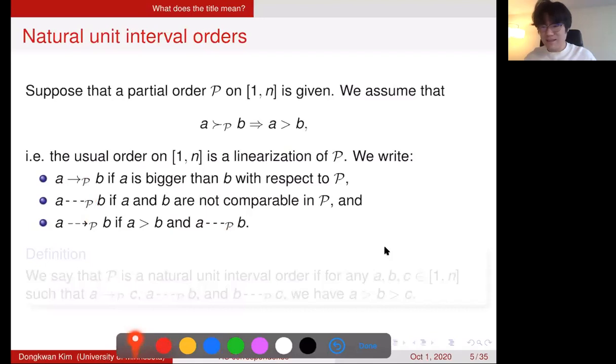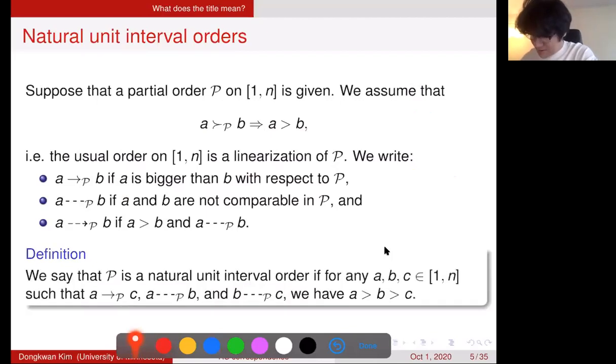We do not need another symbol, because if this is true, then A and B are comparable with respect to the usual order, and then they are comparable with respect to P. So this is just a combination of A, B comparable, and A is greater. I claim that this is equivalent to saying that, because of our linearization assumption. That is the reason I use this symbol instead of this one.